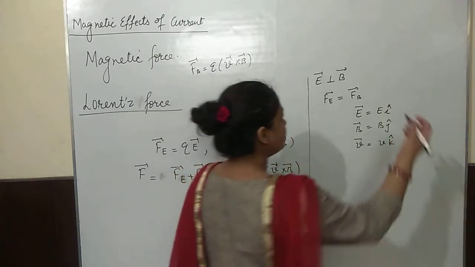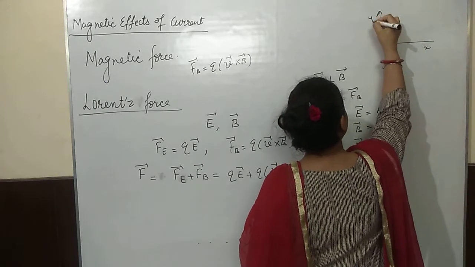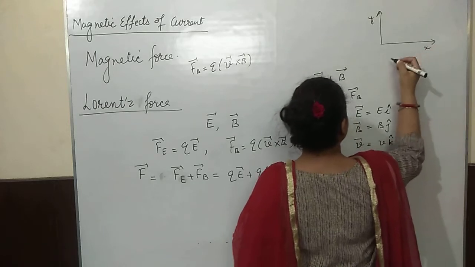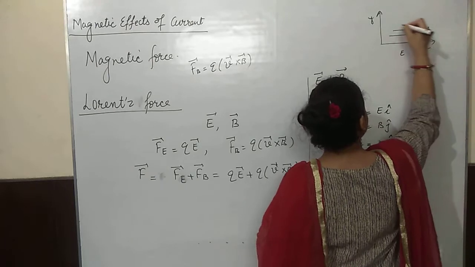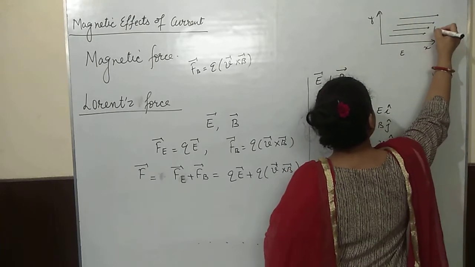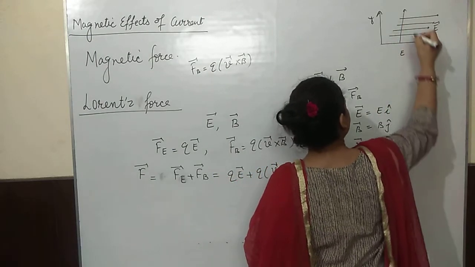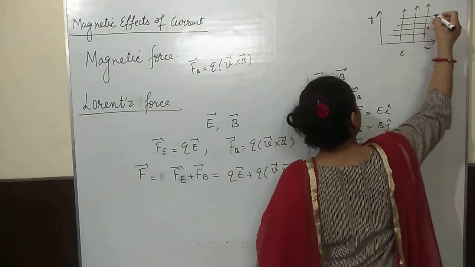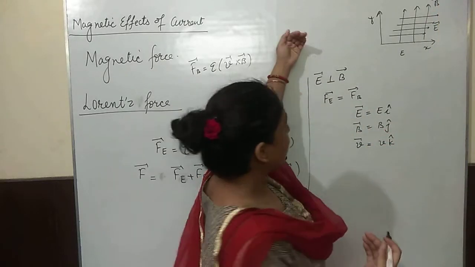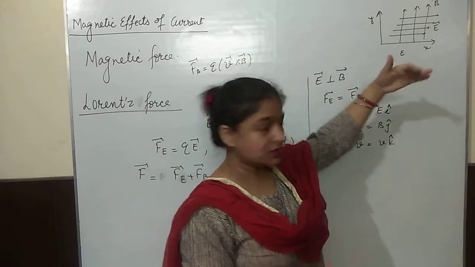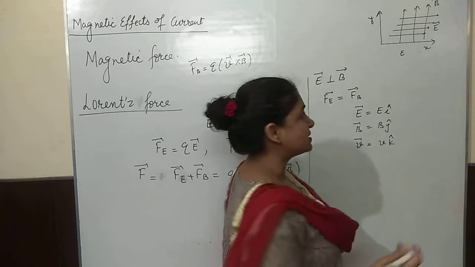If I take this as the x-axis and this as the y-axis, then along the x-axis I have the electric field, and the magnetic field is along the y-axis. The charged particle is entering from behind into this region having both fields, which means the velocity vector is along the z-axis.